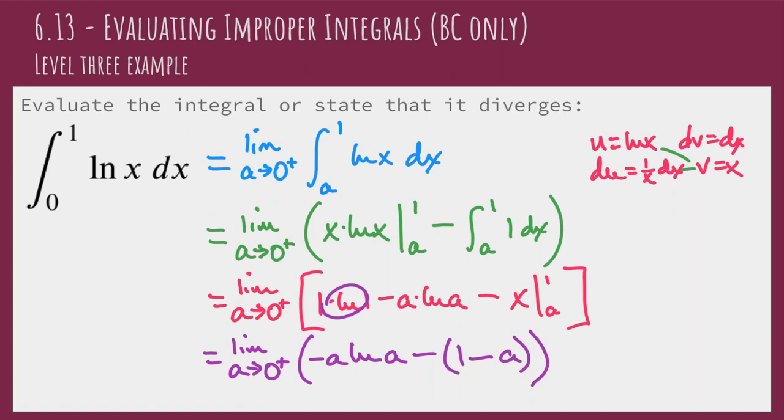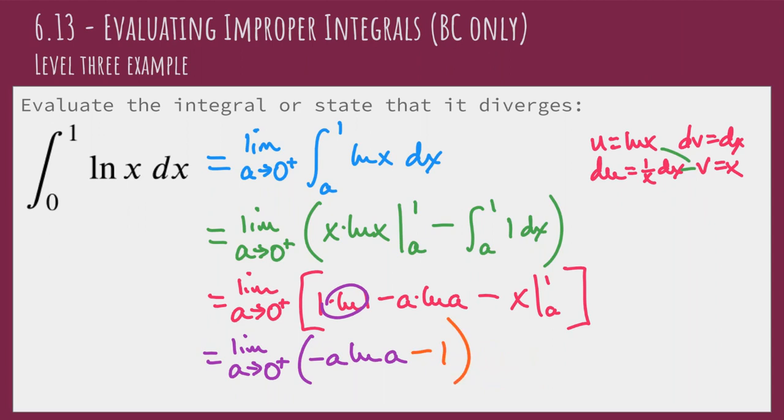And plugging 0 in, the a part here is easy. As a approaches 0, that's no problem at all. The challenging part here, in fact, I'm going to just get rid of that, so it's going to be minus 1.